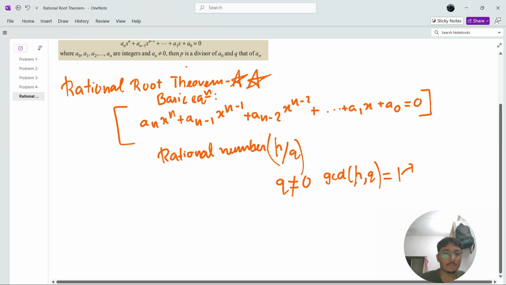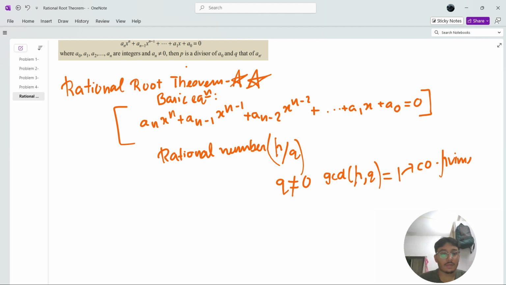That is, they must be co-primes, that is, prime to each other. Example: 3 and 4, 2 and 7, like this.